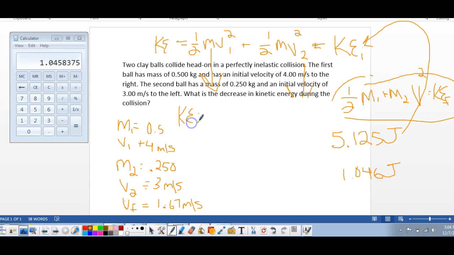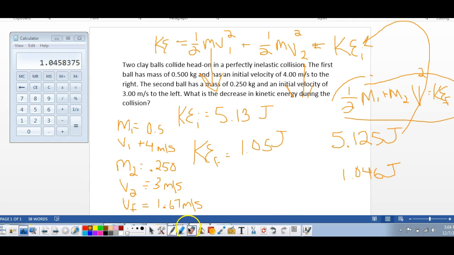Kinetic energy initial is going to be more, because remember we're going to lose some. Going to 3 significant figures, it's 5.13. Kinetic energy final is going to be 1.05. These are each in joules.